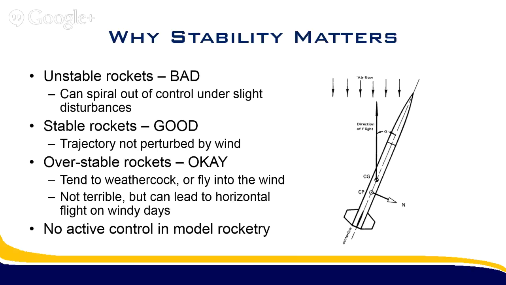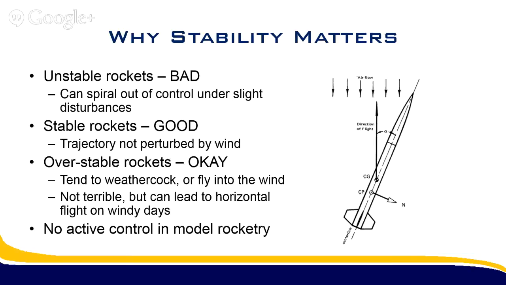Then there's overstable rockets, where you have a stability margin greater than 2. It's not necessarily a bad thing, but you do get some interesting effects. If you look at the picture on the right, you see that normal force acting from the center of pressure, and that actually causes a moment about the center of gravity, because all rotations are going to occur about the center of gravity.